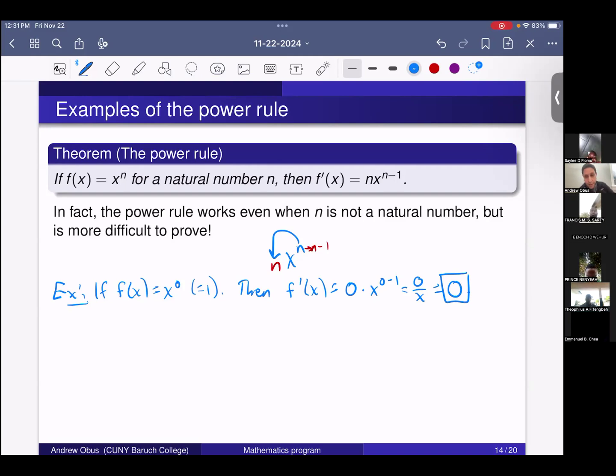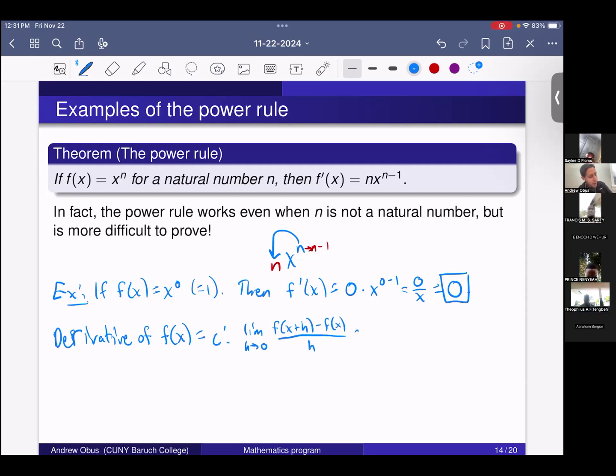And so let's do that explicitly. In general, the derivative of a constant is always 0. Because what's the derivative of f of x equals c? Well, remember, it's the limit as h approaches 0 of f of x plus h minus f of x over h.